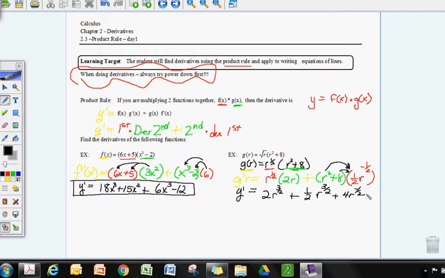Now, we should be cleaning that up a little bit. And when we clean that up, these are like terms. Do you see this is r to the 3/2 and this is r to the 3/2? So if you need to think of 2 as 4/2 plus 1/2, that's going to give me 5/2 r to the 3/2 power.